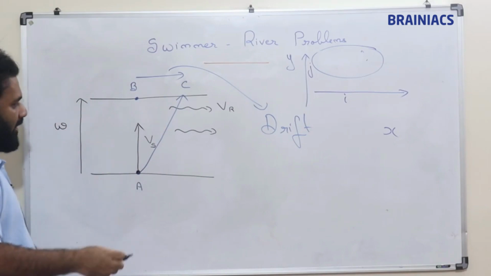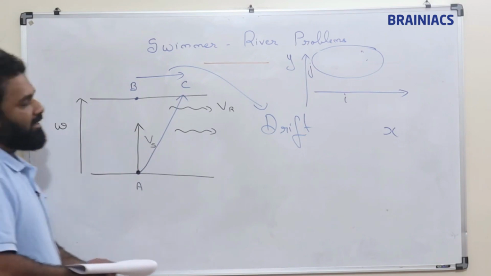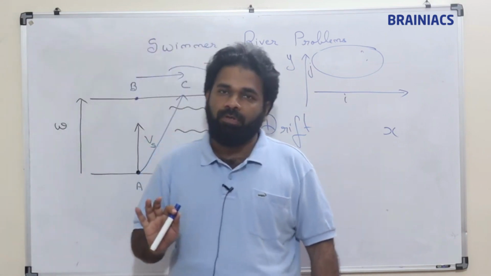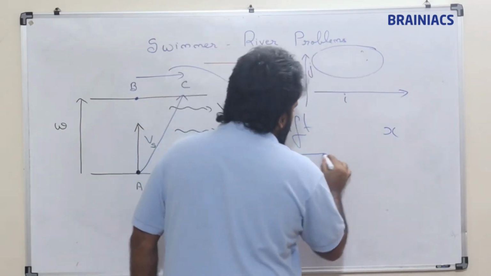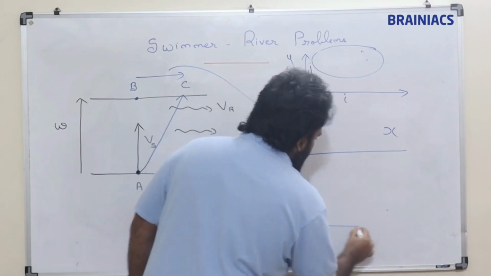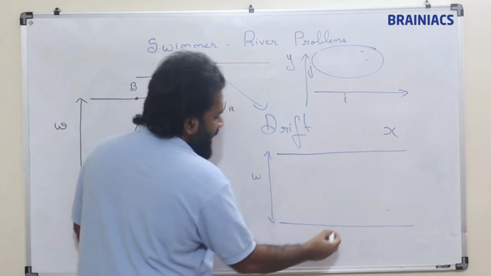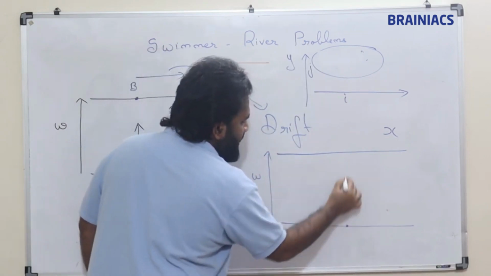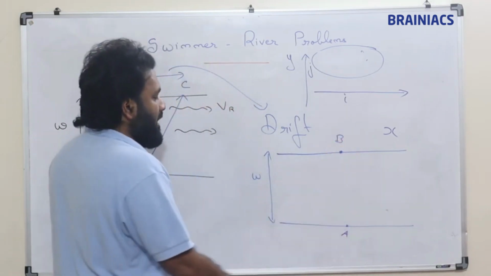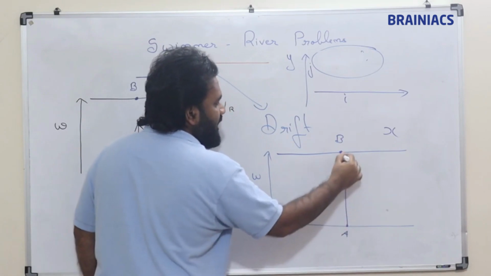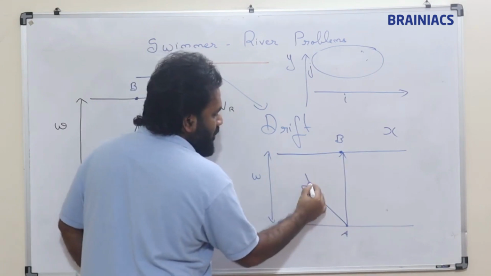Do you understand this scenario? Each point is important. If we understand and do, then things will be easy. Suppose this is the river, this is the width, and the person wants to reach exactly B, if this is A and this is B. If he really wants to reach in this direction, then definitely he must be swimming in this direction.